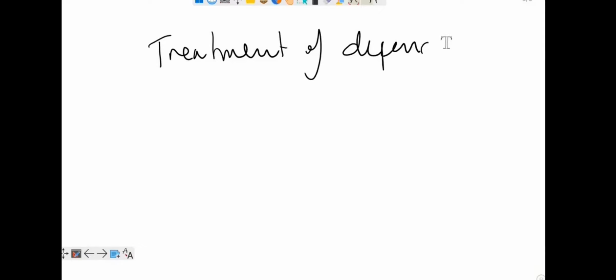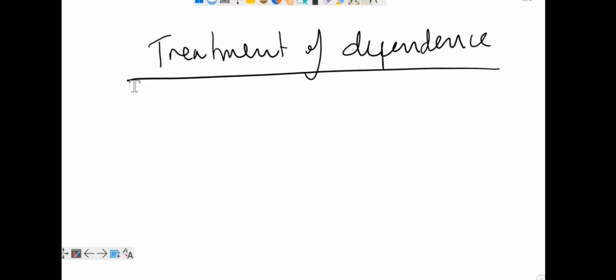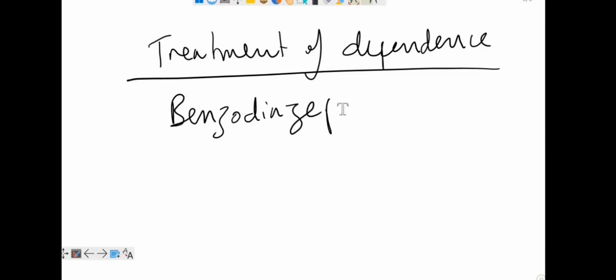You have the treatment of dependence. This is usually done in specific centers. They give benzodiazepines, especially intermediate-acting benzodiazepines, and they slowly taper the dose.